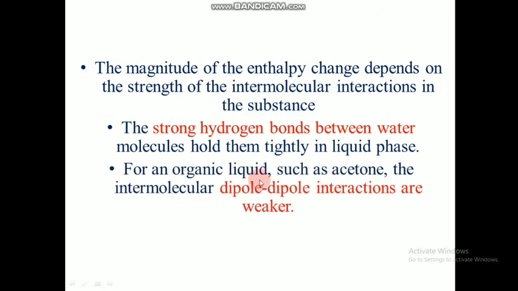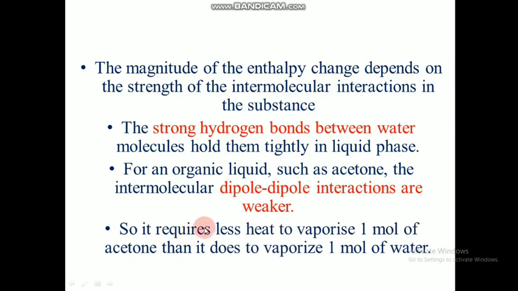But in organic liquids like acetone, intermolecular dipole-dipole interactions are weaker. In one case they have strong bonds, in the other weak bonds. So it requires less heat to vaporize 1 mole of acetone as it has weaker bonds. In water, with stronger bonds, we need more energy to vaporize it.